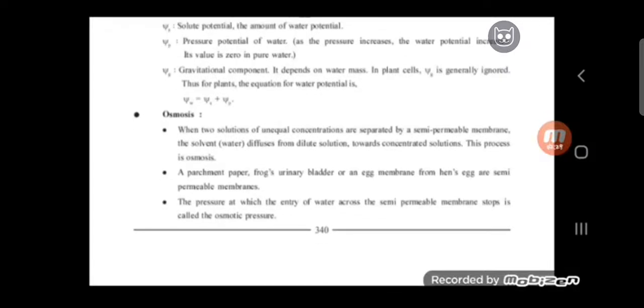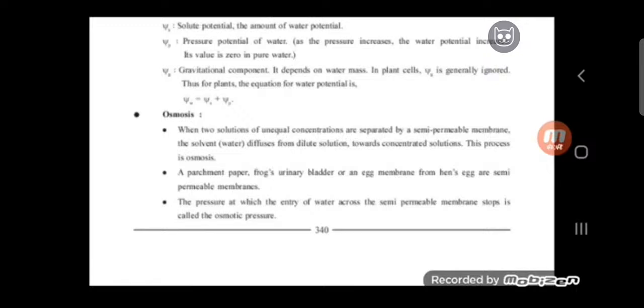So next is osmosis. When two solutions of unequal concentrations are separated by a semi-permeable membrane, the solvent, or the water, diffuses from the dilute solution towards the concentrated solution, and this process is called osmosis.